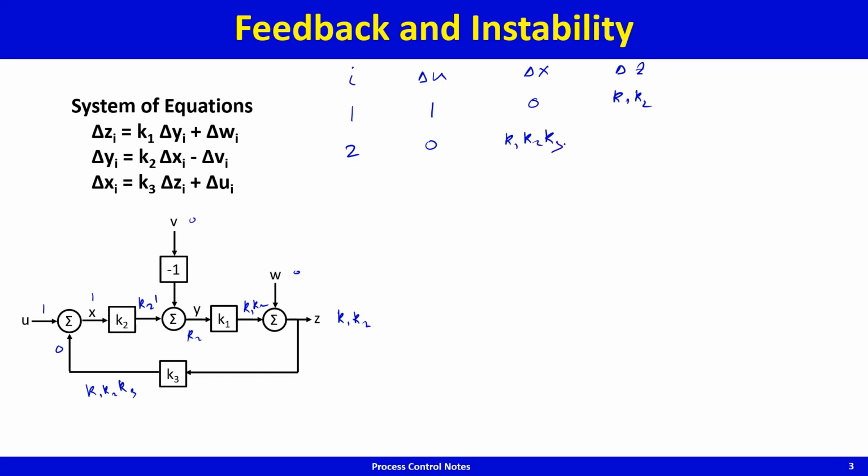And if I go forward, because of this change in z, this signal will go to 1 plus k1 k2 k3, and because of this extra change, this will change by k1 k2 times k1 k2 k3.